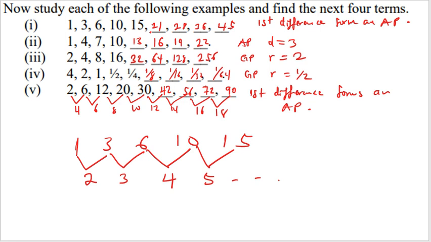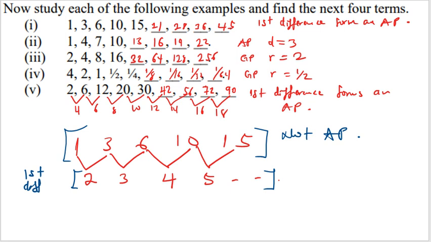So you realize that the original sequence is not an AP, but the first difference, these values are called the first difference, rather forms an AP, because you can see that the first difference have a difference of 1, 1, 1, 1.